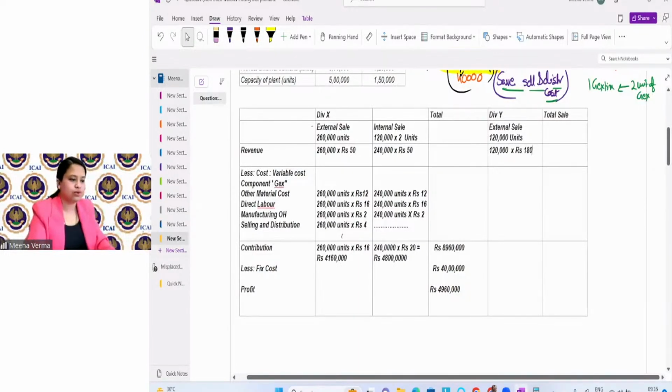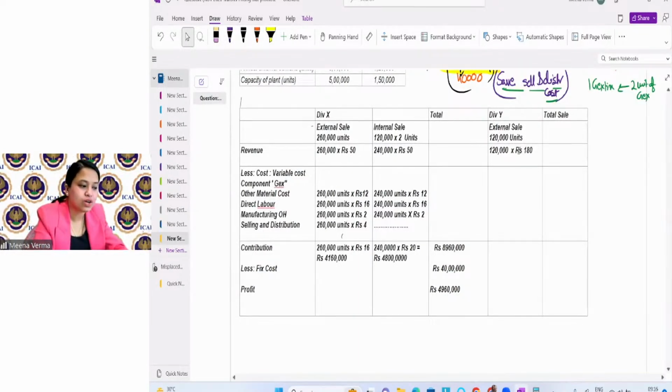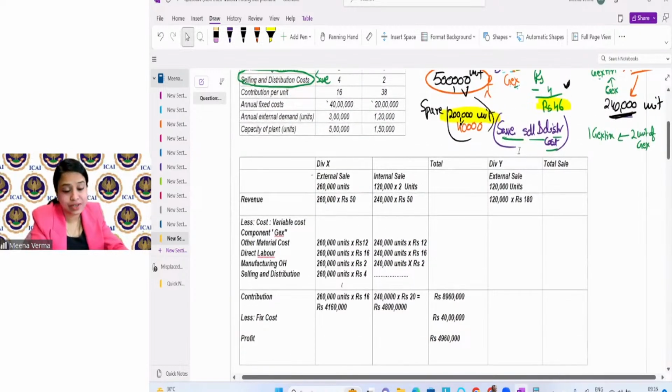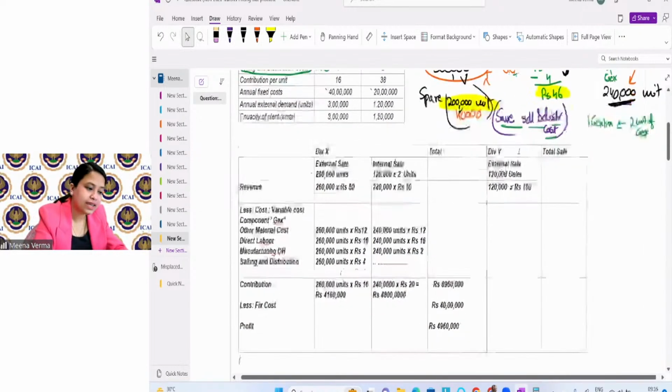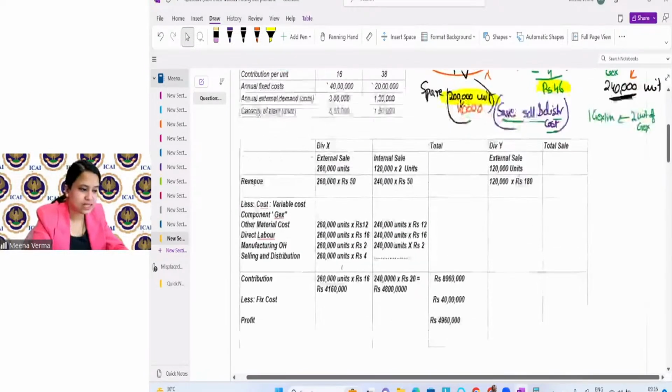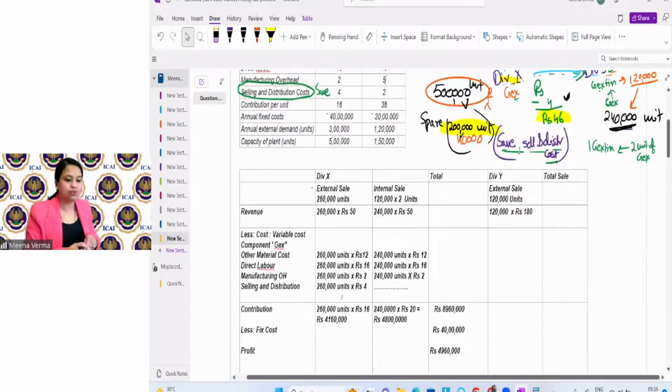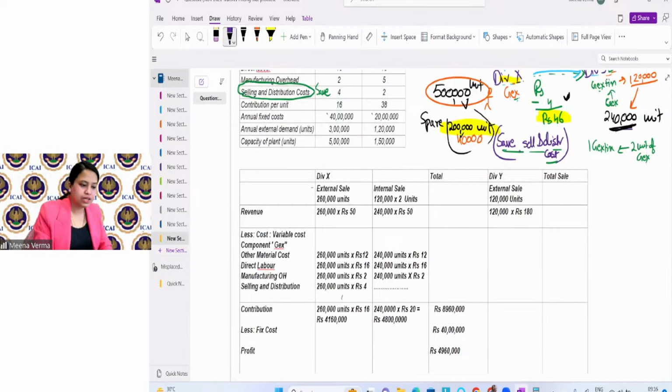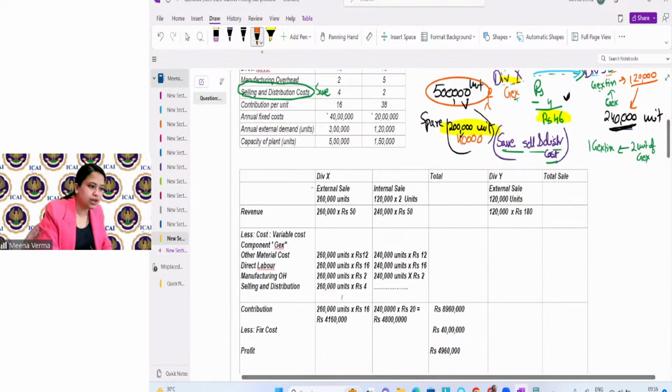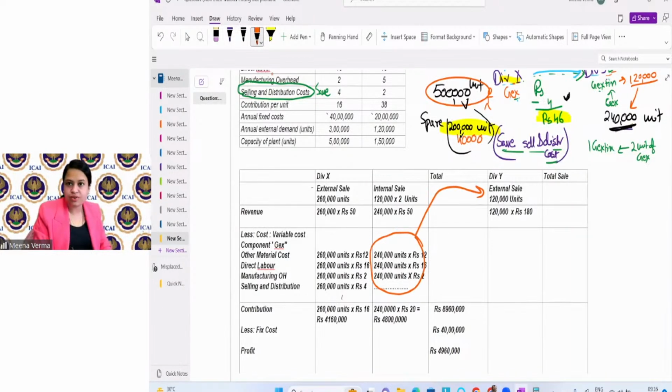Okay, what else do you have? Now let's see what is the cost for division Y. I can see one cost at least. Internally, you are transferring the goods, these 2,40,000 units, but at what price?